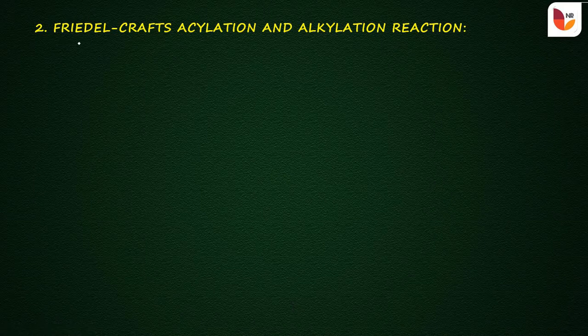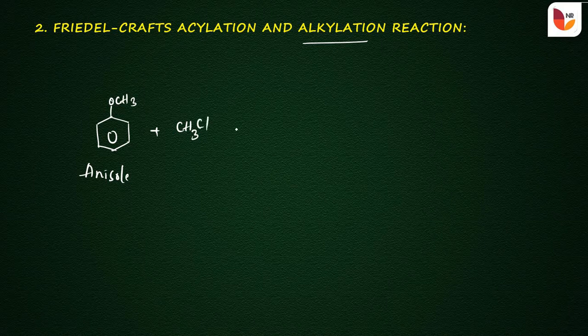That is anisole, OCH3. So it is anisole. So this anisole reacts with the alkyl chloride, that is CH3Cl, in the presence of a catalyst, that is anhydrous AlCl3. So it gives the product, OCH3, and the electrophile is CH3.